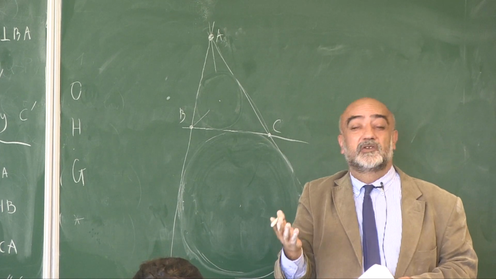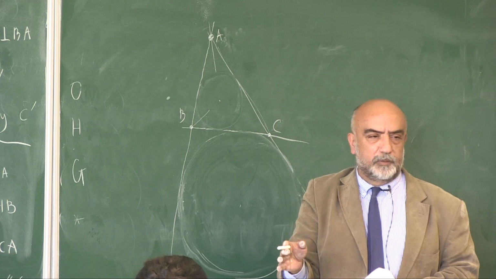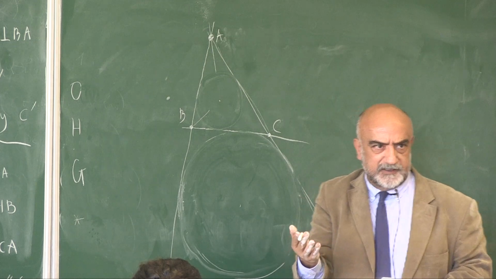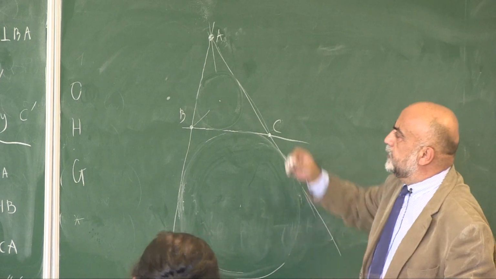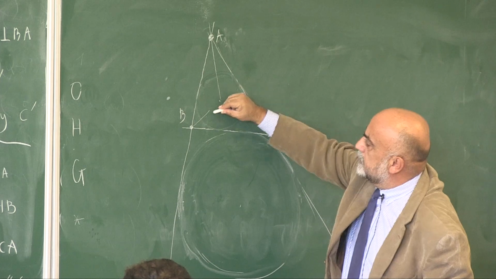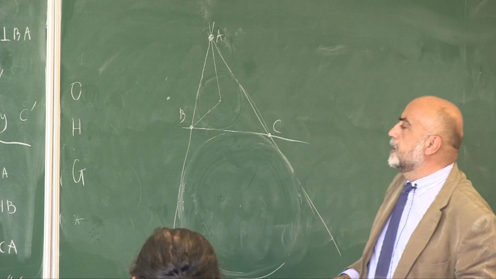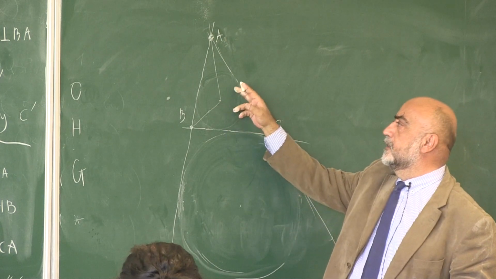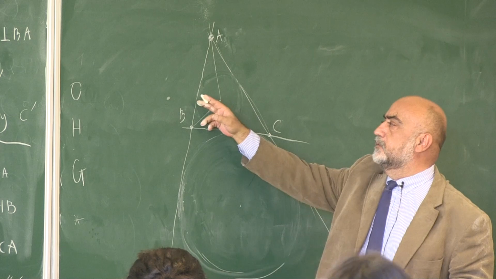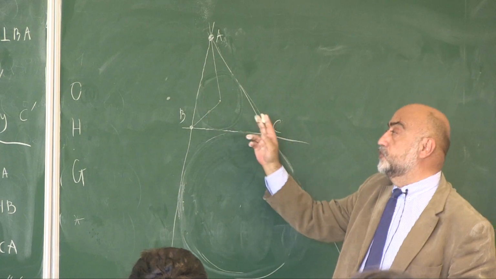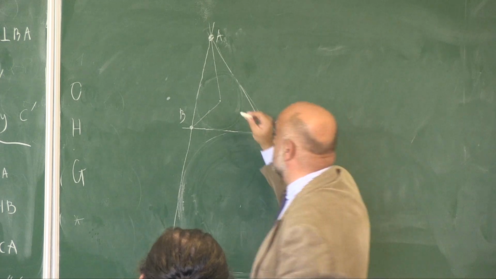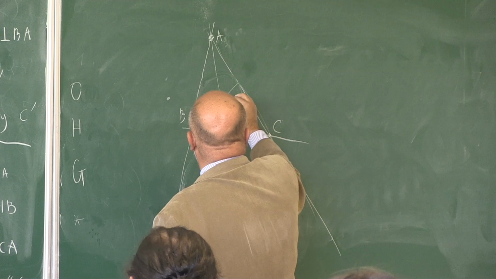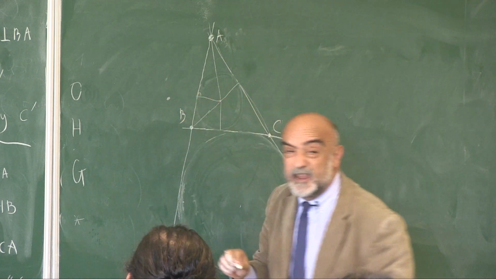I will talk about what is internal bisector, what is external bisector, but bear with me, as if you are in an elementary school. It's optically obvious, internal, external. So these will intersect in a point, and that point will be of necessity equidistant to not only these two sides, but also to these two sides, so to all three sides. So if you draw perpendiculars from this point on the three sides, these perpendiculars will have the same length.